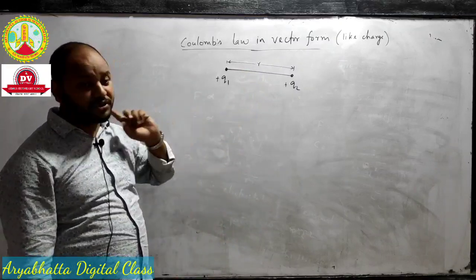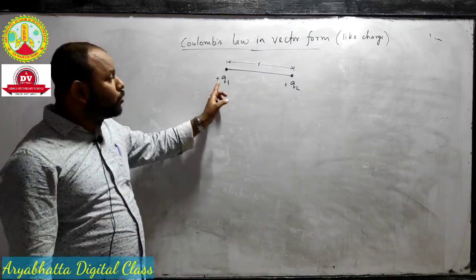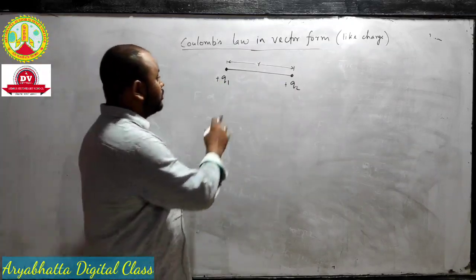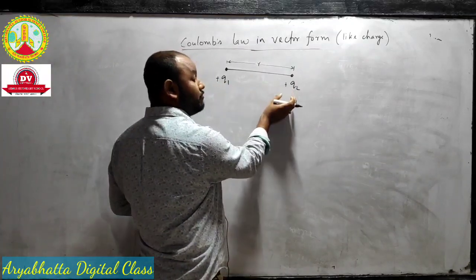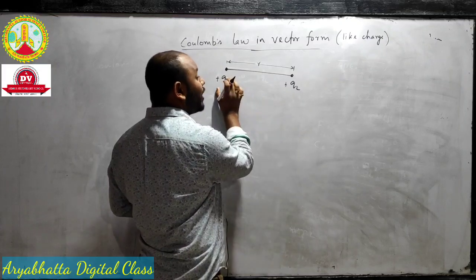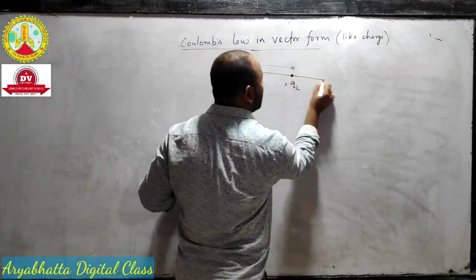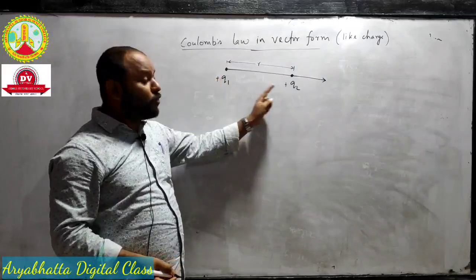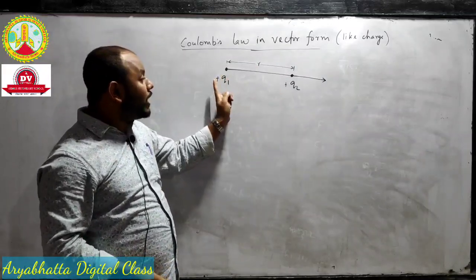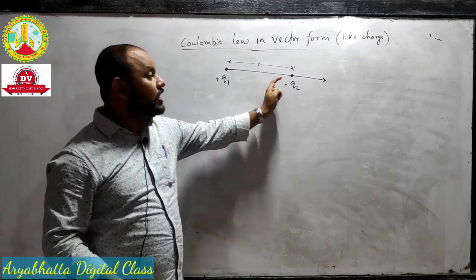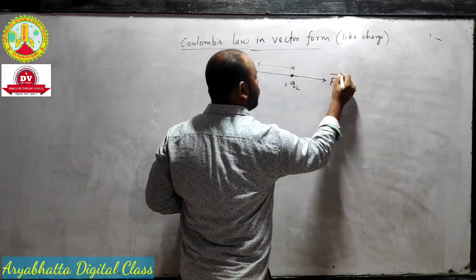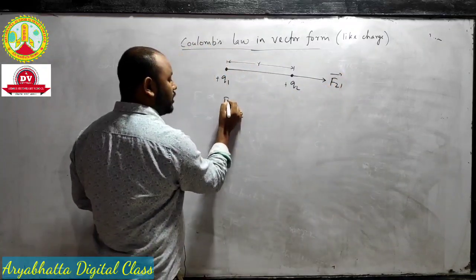So both are positive. Q1 will exert a force on Q2, or you can say that Q1 will repel Q2 in this direction with a force F21. What is this F21?